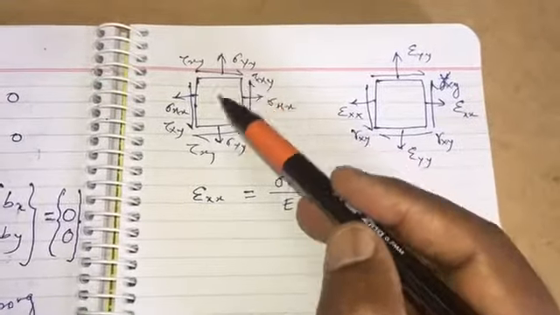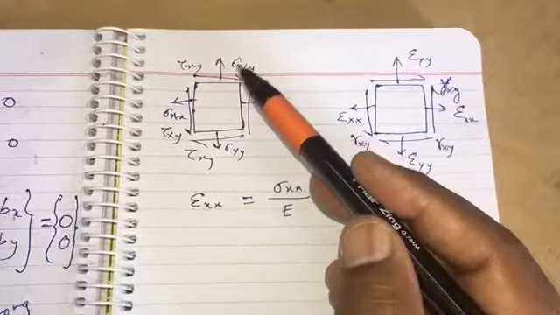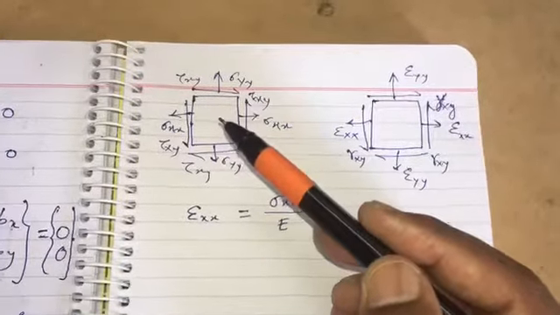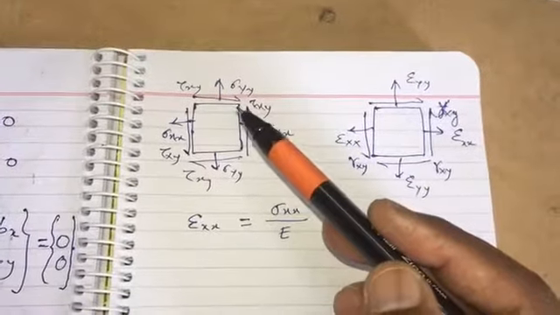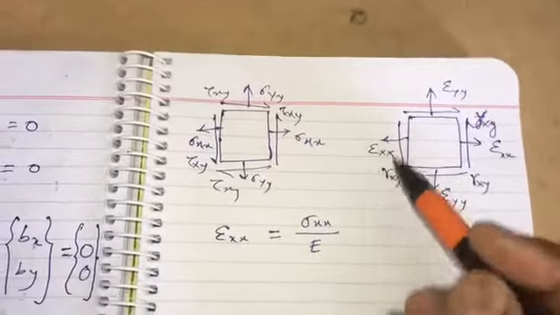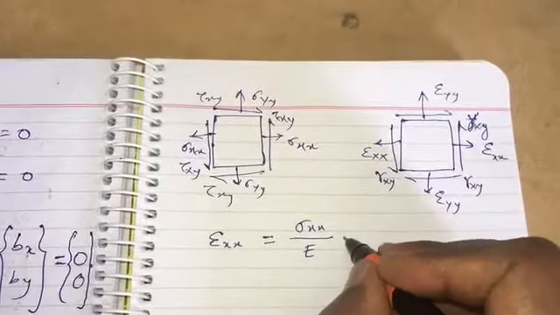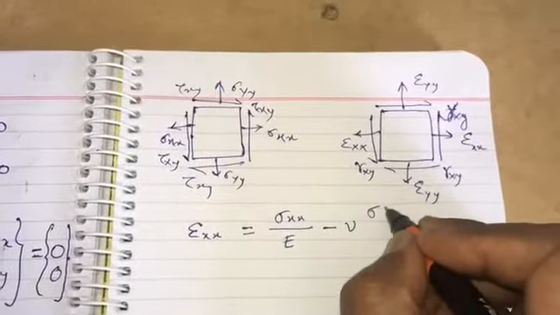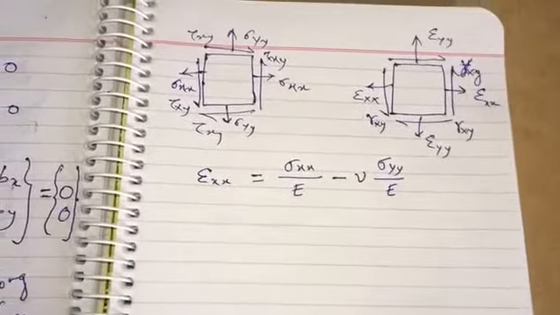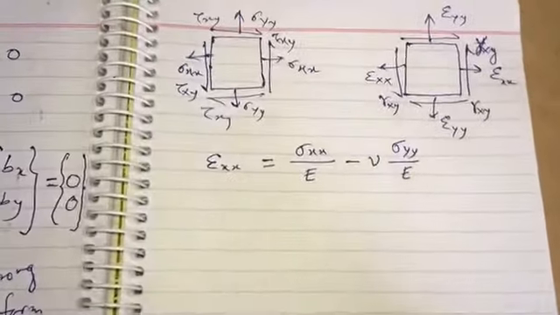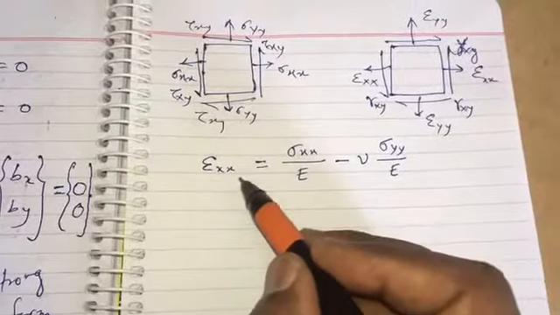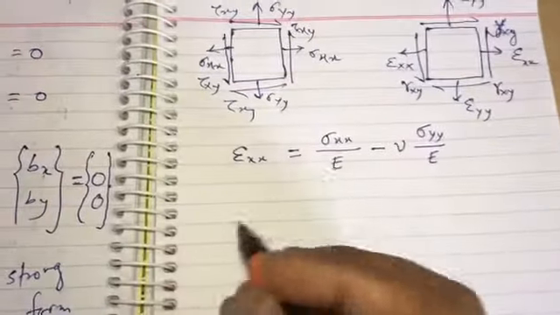So if sigma yy is in this direction, the strain caused by sigma yy will be sigma yy over E, times nu, which is the Poisson's ratio, and the negative direction will add here. So that means there will be a component minus nu sigma yy over E. All this derivation is for isotropic material, as I said earlier. So this is the equation for how epsilon x is related to sigma xx and sigma yy.